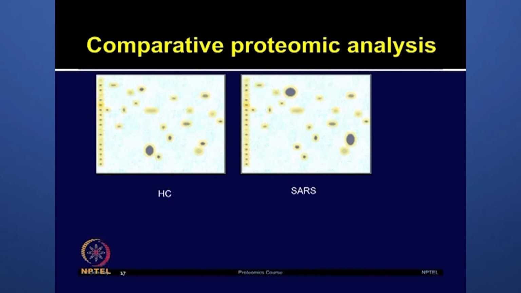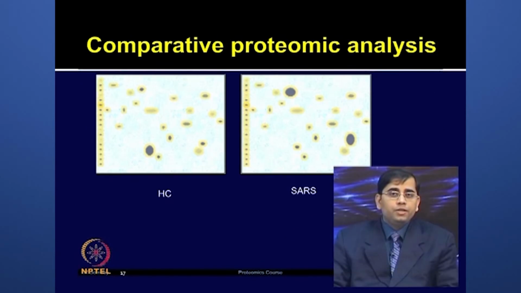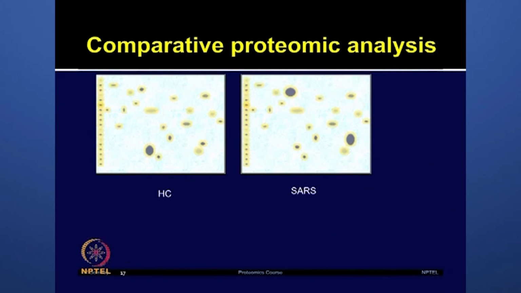So, the comparative proteomic analysis of these 2D gels revealed that 38 protein spots were differentially expressed, with more than 2-fold change. And out of these spots, 35 were upregulated and 3 were downregulated.